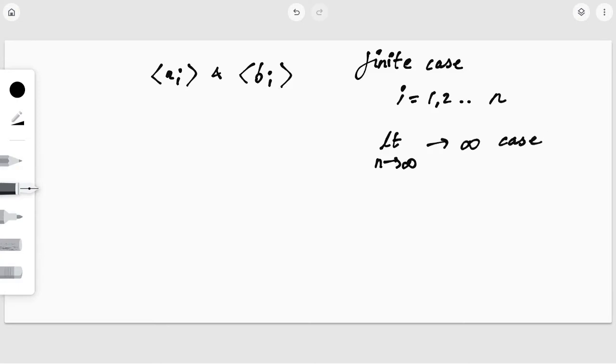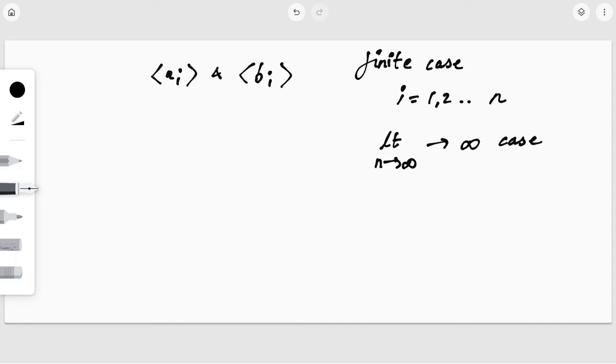We are considering two sequences, so they can be finite or infinite. We prove only the finite case, because once we have proved it, by letting n tend to infinity, we can easily see the infinite case.